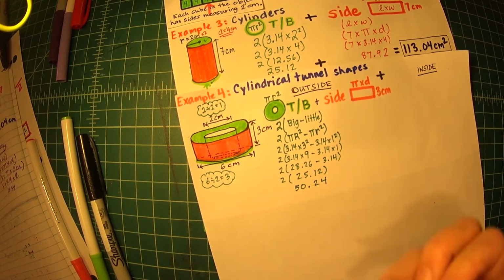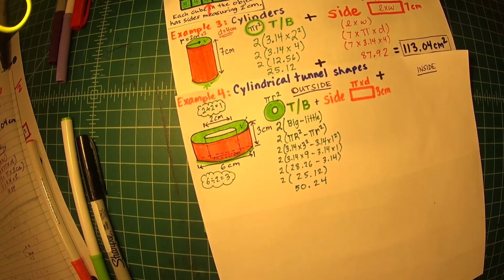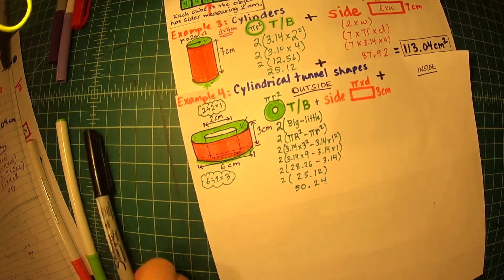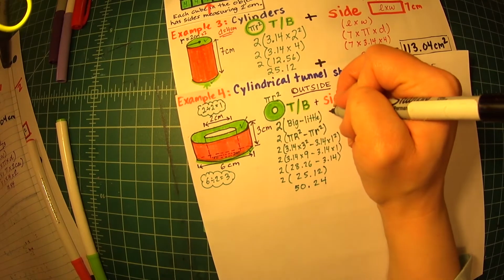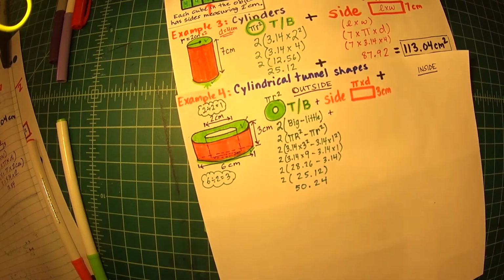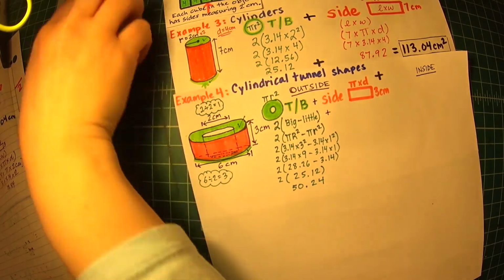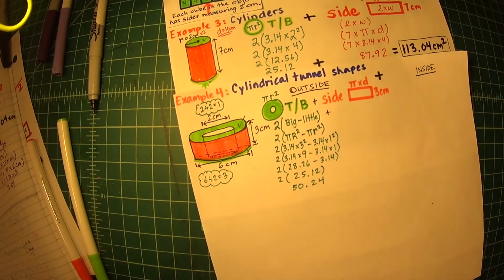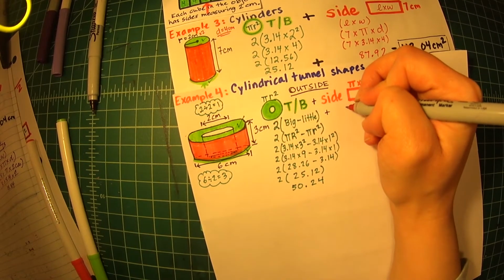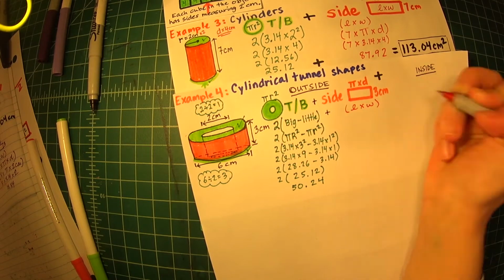So that takes care of the top ring and the bottom ring. Now, for the side, the wraparound curved side part, which if we lay flat, like we already said, is just a rectangle. Formula for a rectangle, length times width.